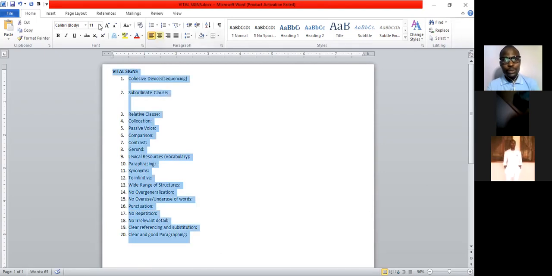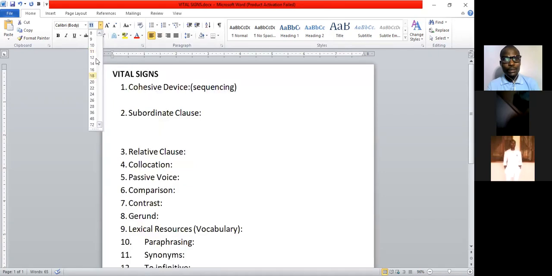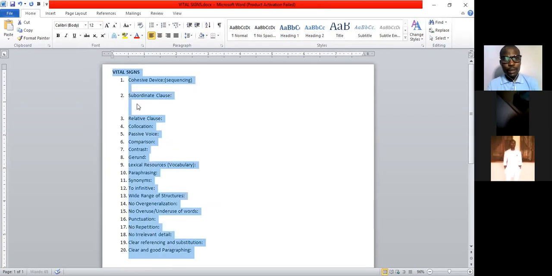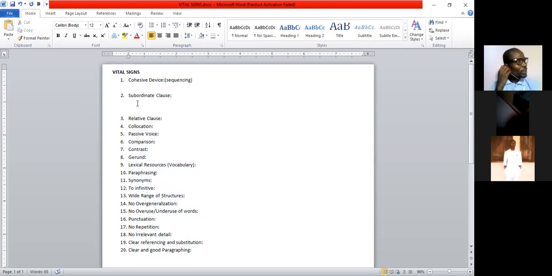Now let's look at a typical subordinate clause. Subordinate clauses are usually formed when you have two simple sentences coming together. But I'm going to be using these two sentences.